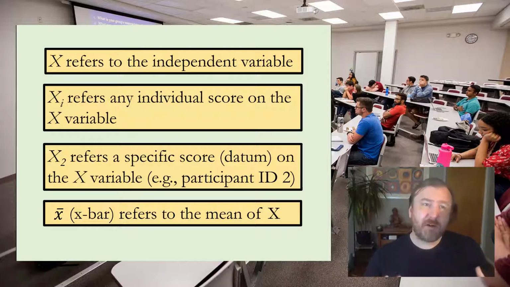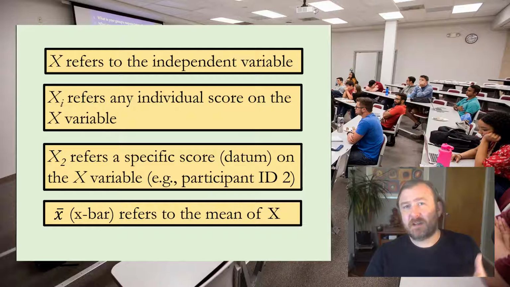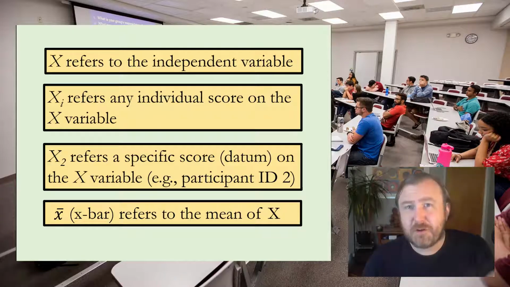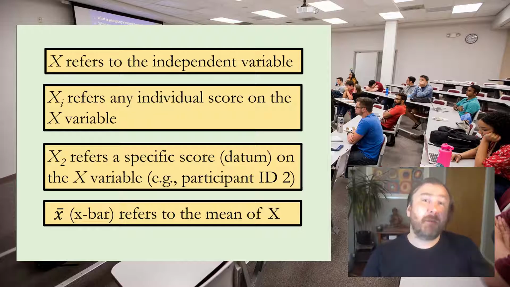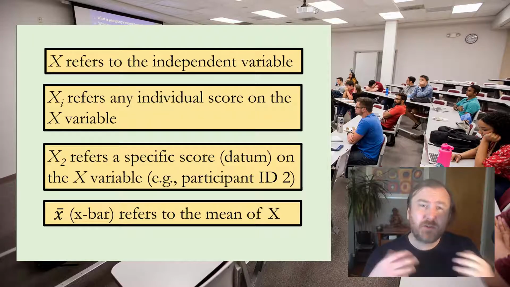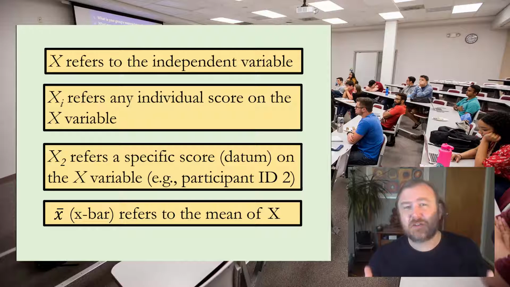Typically when we collect data, we have a variety of different participants. We have a sample of participants that we've collected data on. X sub i is going to refer to any individual score on the x variable.